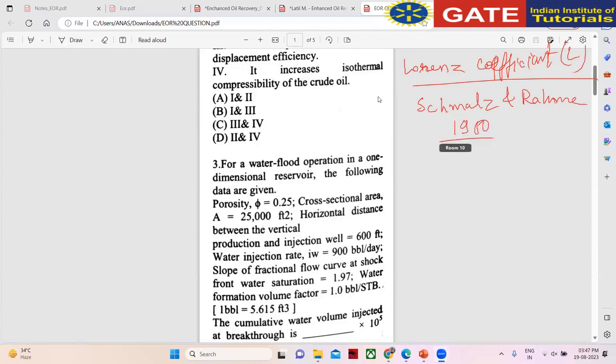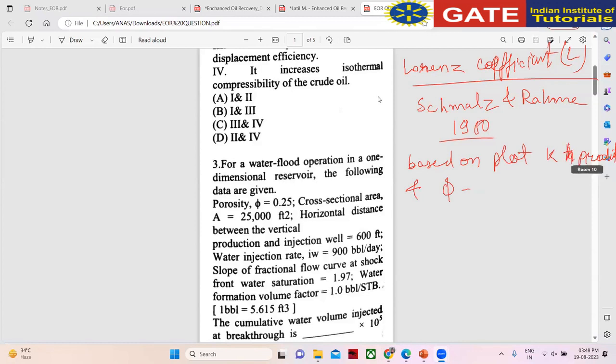Okay. So they considered only a single parameter that describes the degree of heterogeneity of the pay zone. Okay. So the Lorentz coefficient is based on a plot of permeability thickness product and porosity thickness product.